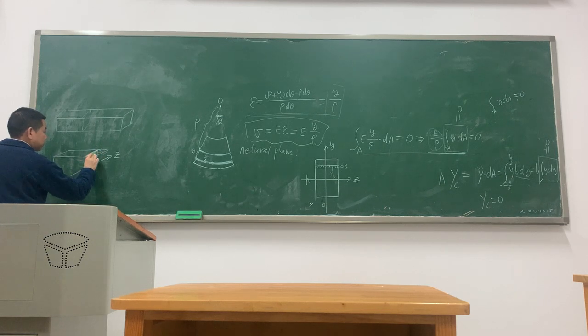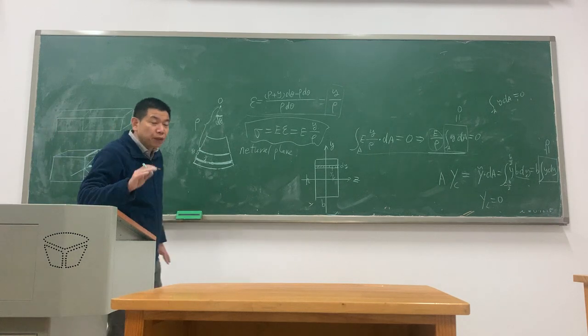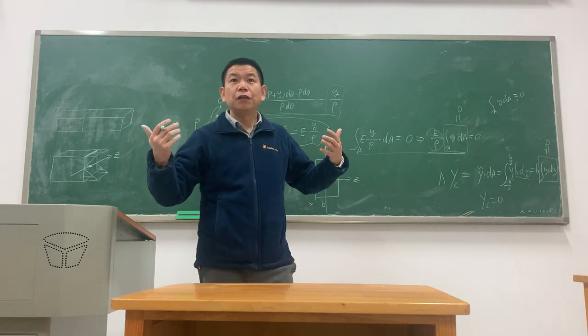Yeah. It's in compression. This part is in tension. Understand? So this is the distribution of the normal stress on the cross section. Understand?